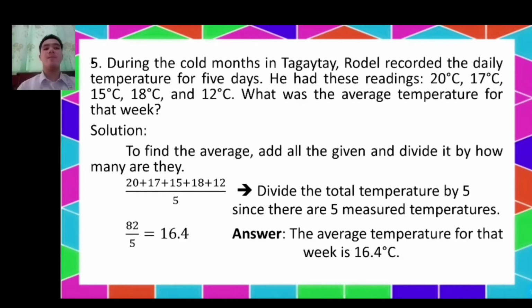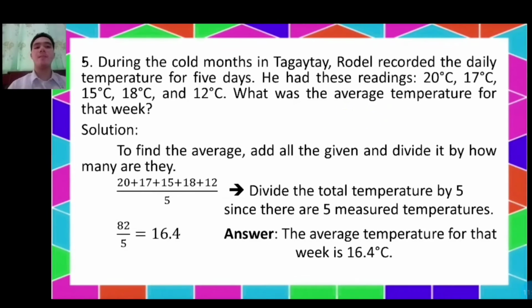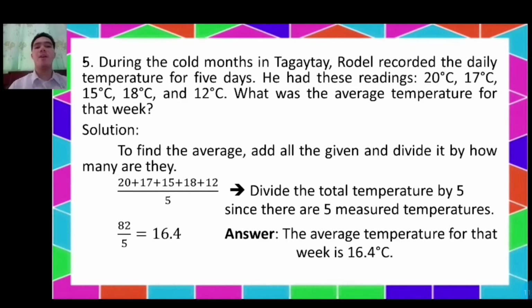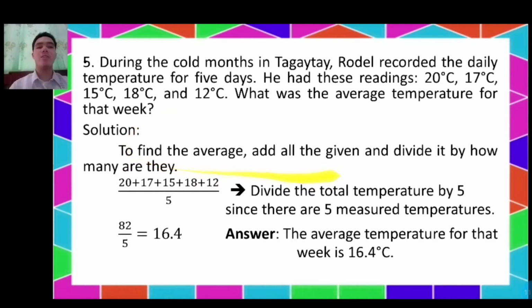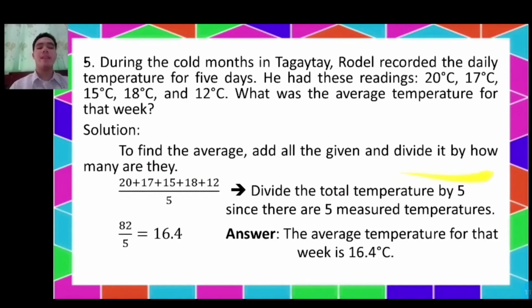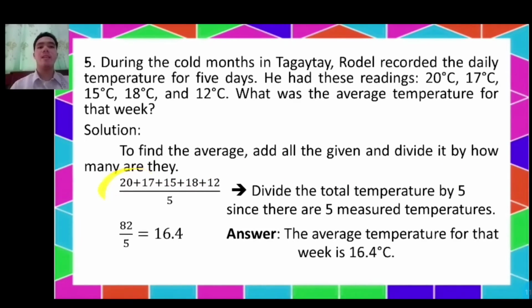When we say average, you have to add the given values and divide by the number of values. So to find the average, add all the given values and divide by how many there are. So 20, 17, 15, 18, and 12.